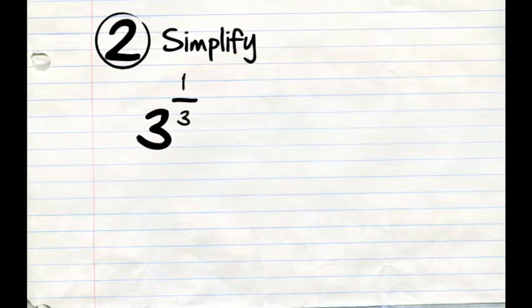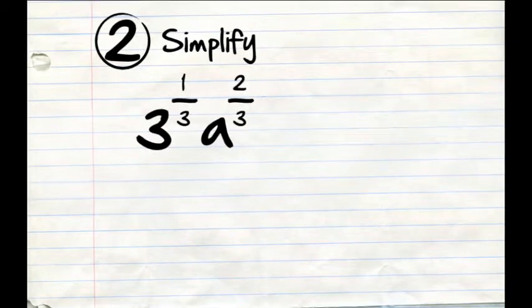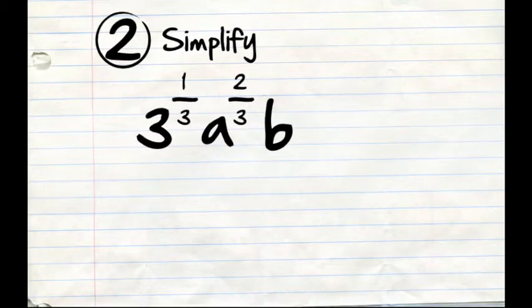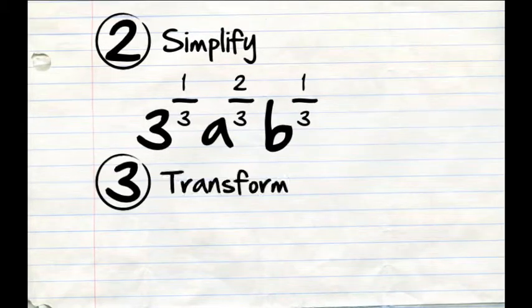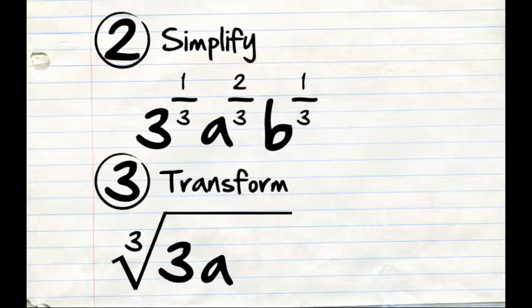Simplifying the exponents, we get 3 raised to 1/3, a raised to 2/3, and b raised to 1/3. By transforming it back to a radical expression, we have 3rd root of 3a squared b.